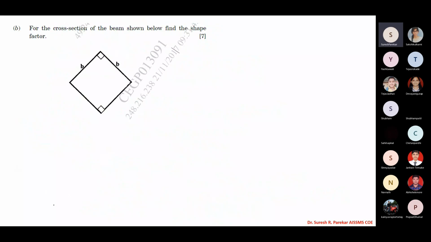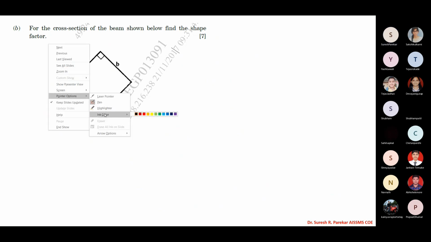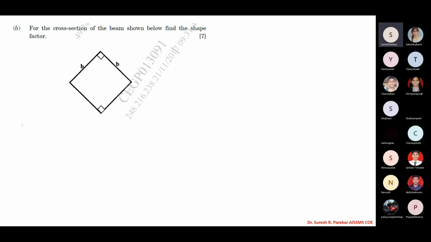For the cross section as shown in figure, we have to find out shape factor. Now this is a rectangular section made as diamond. So now we will have first elastic section modulus.